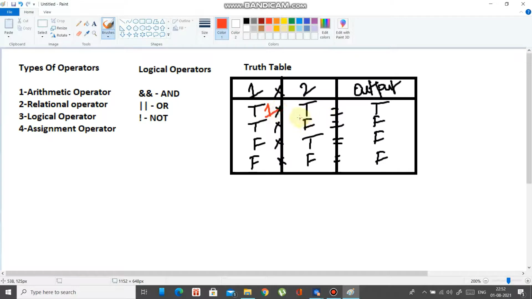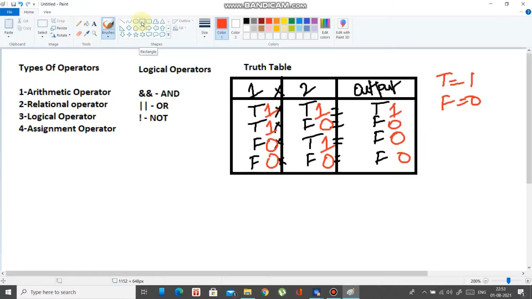This is 1, this is also 1, then your output will be 1. True means 1, false means 0. This is 1, this is 0, then your output will be 0. This is 0, this is 1, then your output will be 0. 0, 0, 0. So this is the basic truth table of an AND operator.